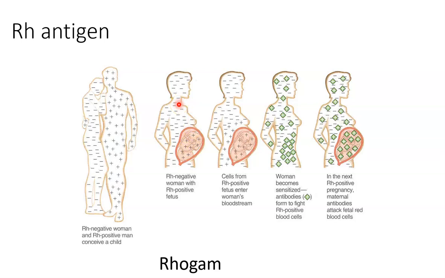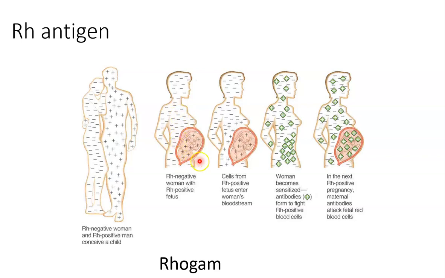Usually, with the first pregnancy, it's not a problem. Blood cells do not go across the placenta. The baby's red blood cells are not going into the mother's bloodstream, and the mother's blood is not going into the baby's bloodstream. So usually the first child is not a concern.